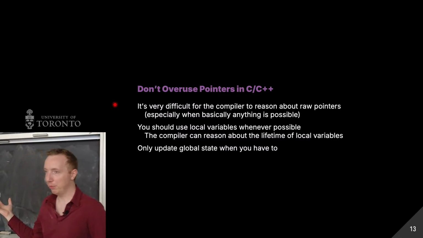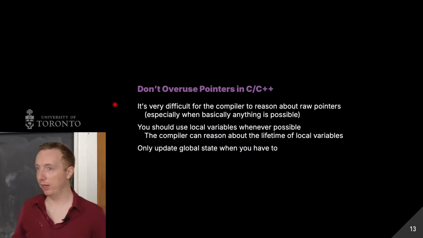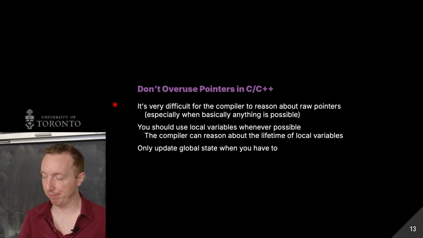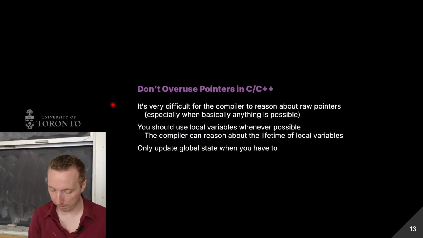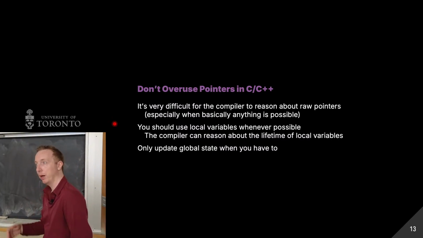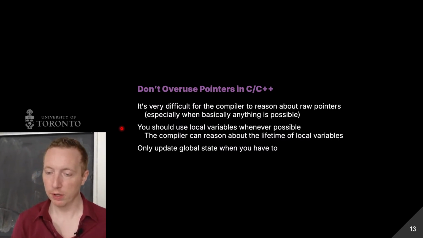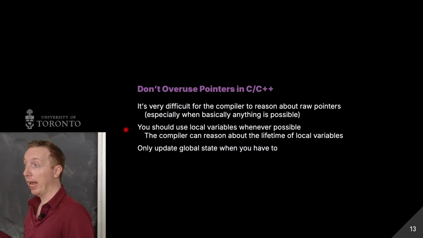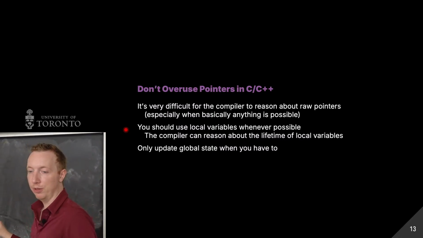Its default assumption is that pointers, especially in C and C++, can point literally anywhere, so it doesn't make any assumptions about them, unless it does very expensive analysis, which would cause your compile times to blow up. So the basic guideline here is, if you can use a local variable, please just use a local variable.